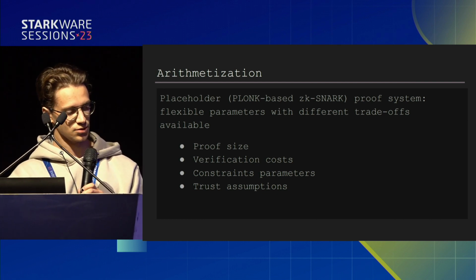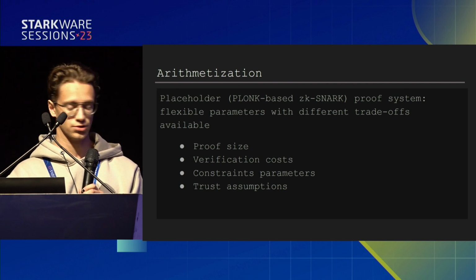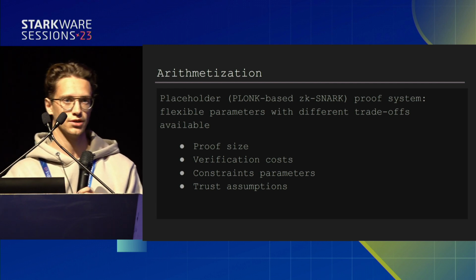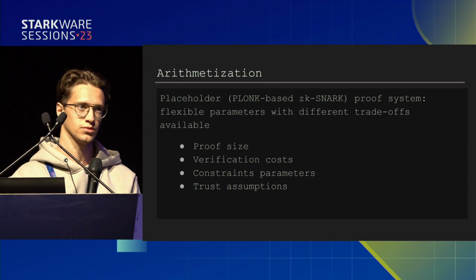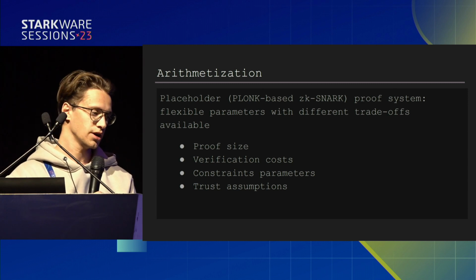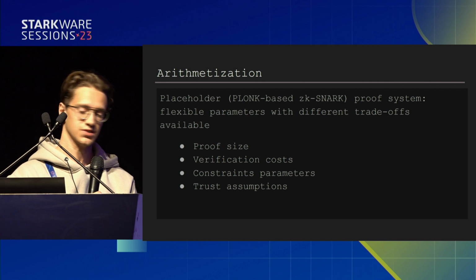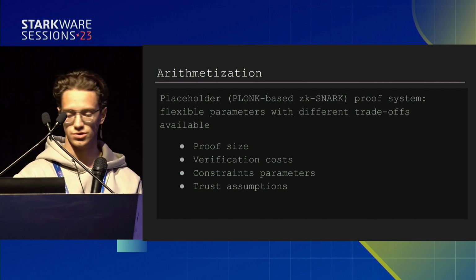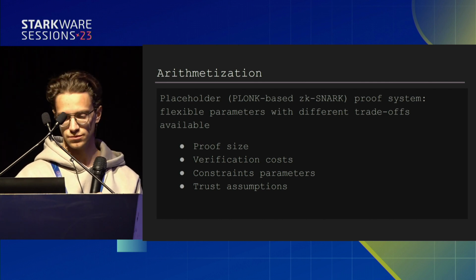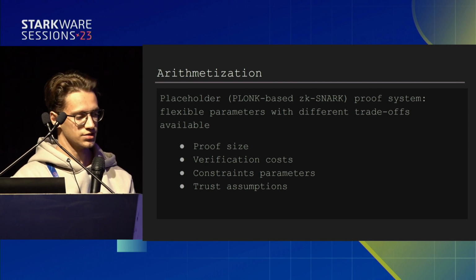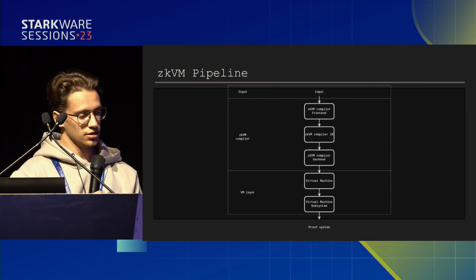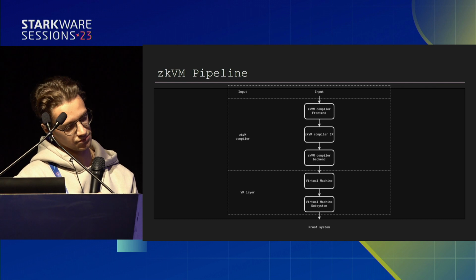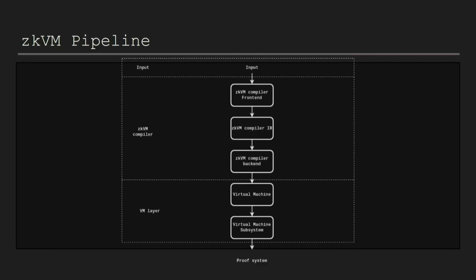With building a circuit, there are different tools, and we have checked quite a lot of them. One of the best solutions to use is a zkVM. At the time when we started, it was like that. This is basically the zkVM pipeline, more or less in general.